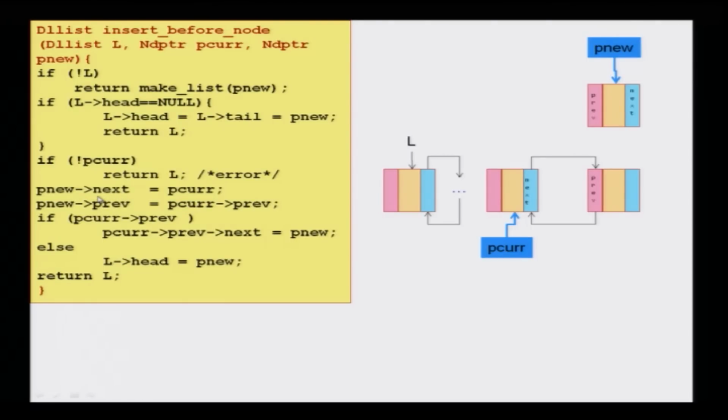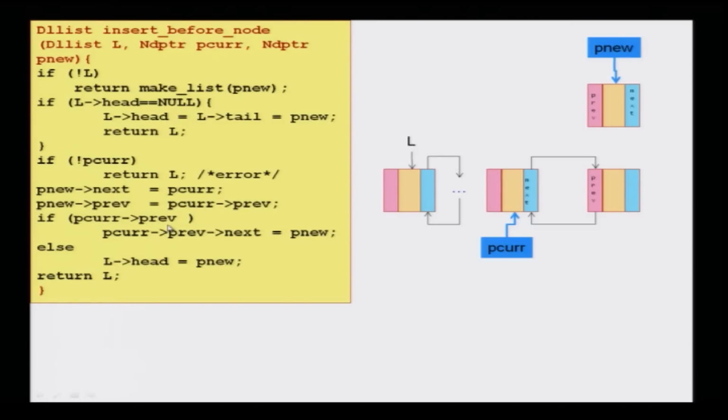Okay. So, now you have to insert P new into the list. So, how do you do this? We are trying to insert P new before P current. So, the new node's next will be P current, and P current's previous will go to P new.